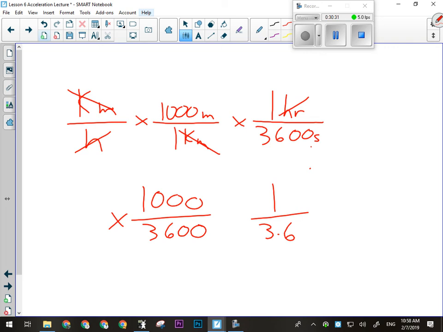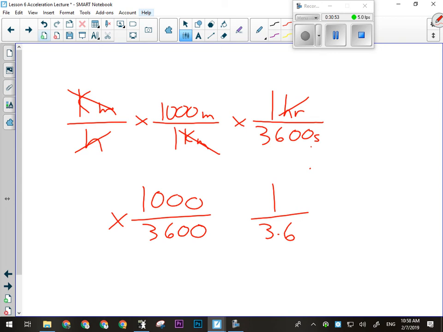Is that the same thing? So if I multiply by 1 and then divide by 3.6, can I just divide by 3.6? There you go. There's your magic number. If I want to go from kilometers an hour to meters per second, I divide by 3.6. If I want to go the other way, I multiply by 3.6. Okay, 3.6 is the magic number.